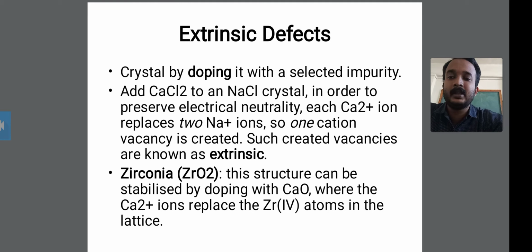Then the zirconia structure can be stabilized by doping with calcium oxide, where the Ca2+ ion replaces the zirconium four-plus atom in the lattice.